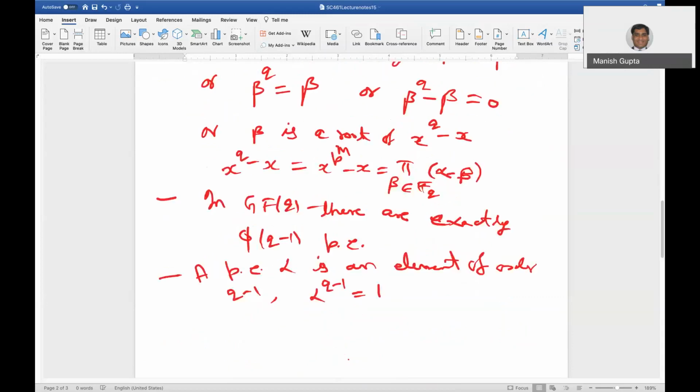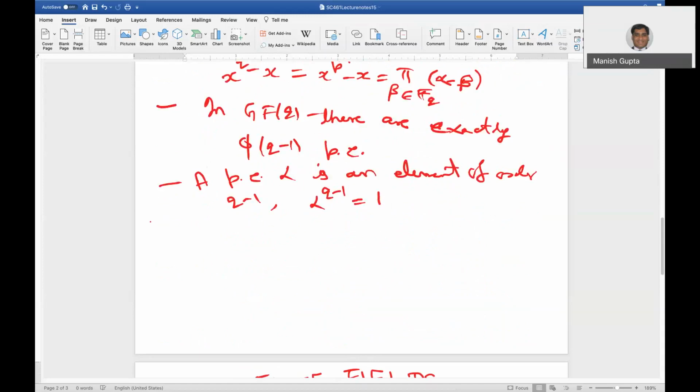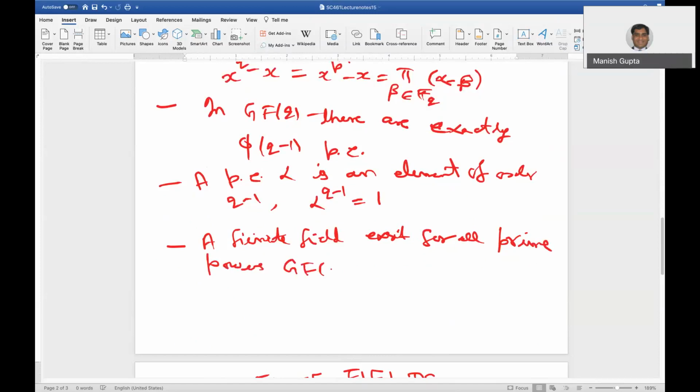Okay. Another interesting fact: a finite field exists for all prime powers, right? So a field exists for all prime powers p raised to m.